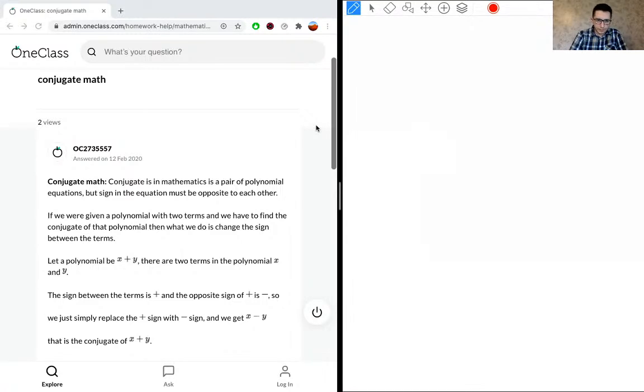Okay, so the first question here is about conjugate math. To describe what this is, essentially if we had x plus y, the conjugate of that would always just be flipping the sign, so x minus y. Similarly, we can take the example of imaginary numbers, so a plus bi.